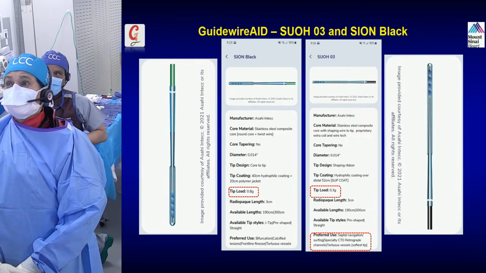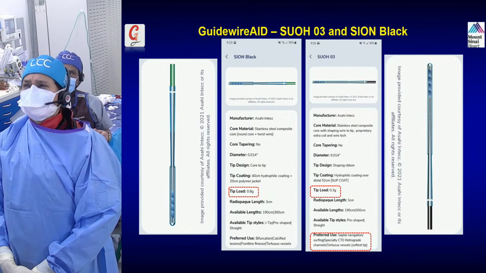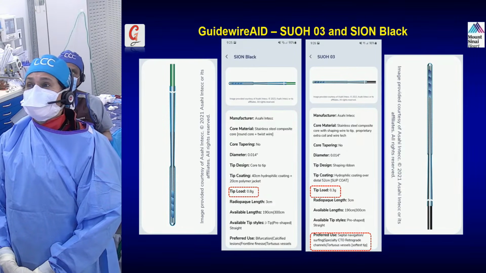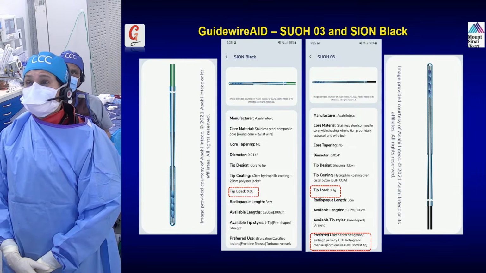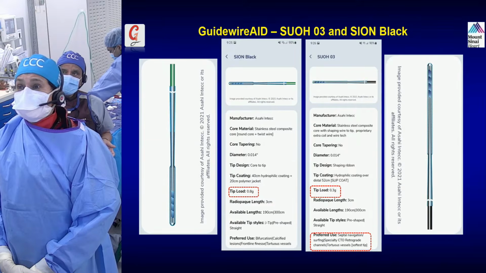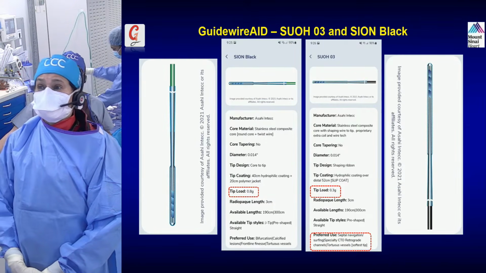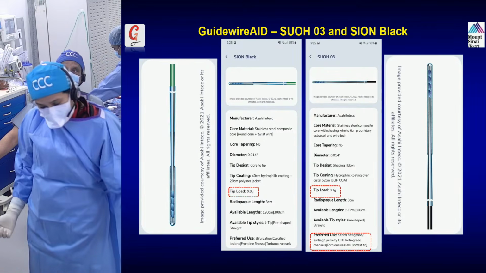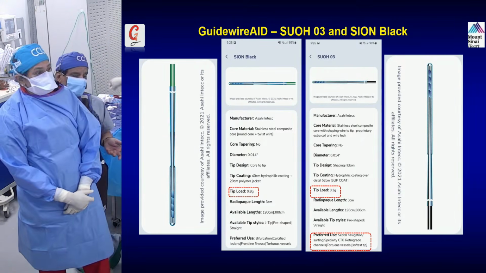And the other one also has a hydrophilic coating, SU03. They are talking about septal navigation for the SU03, but what we used was Cyan Black. What they are saying is to use that in calcific as well as tortuous vessels. That's where I think the septal was probably tortuous.